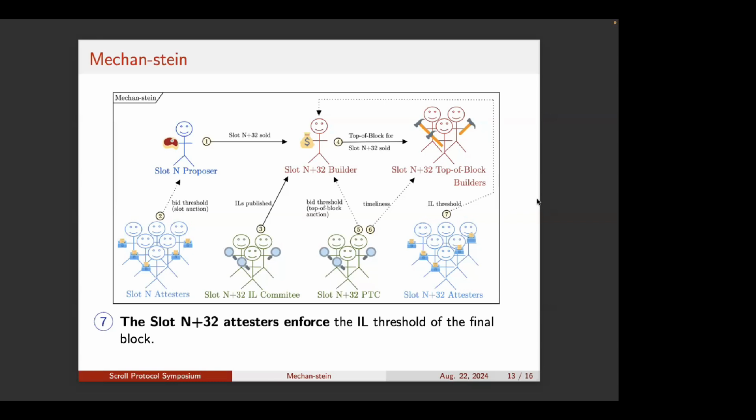So if that is true, doesn't that mean the slot N+32 builders that buy the whole slot wholesale before they have to bid off the top of the block will lead to centralization there? And what are the implications if so?